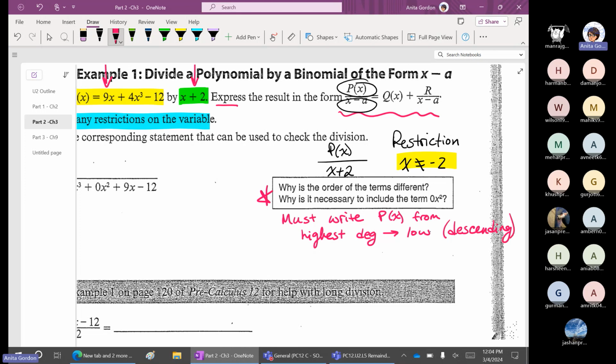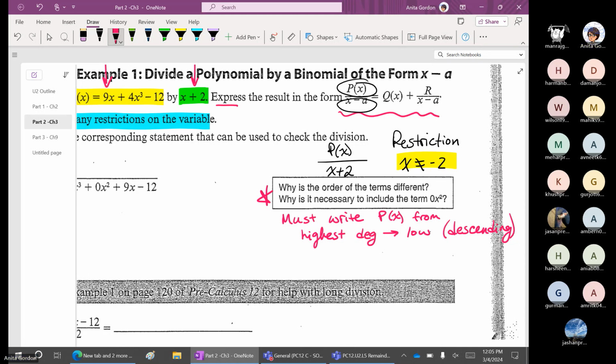Okay? In order for this method to work, we need the degrees to start high and go low, because we are reducing the degree due to long division. If we do them in the incorrect order, our zeros are not going to line up where we need them to. Okay, when you have degrees high to low, it helps us pull up the factors that we need in the correct order.